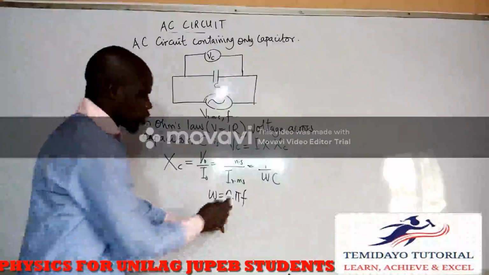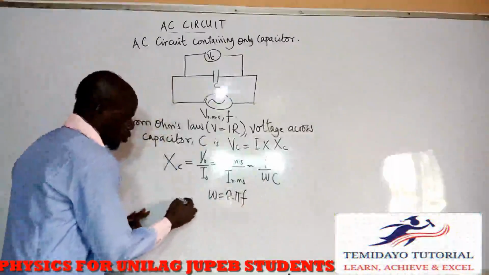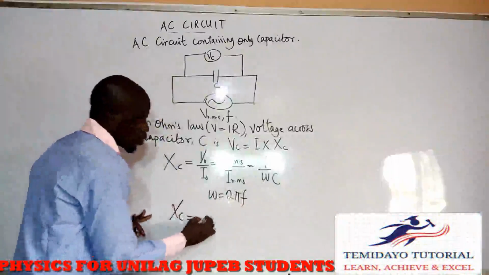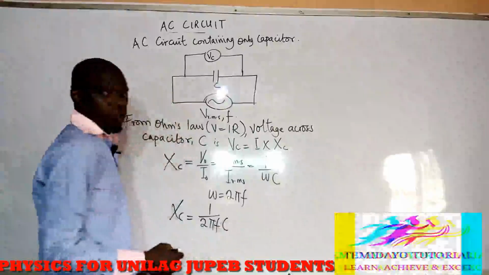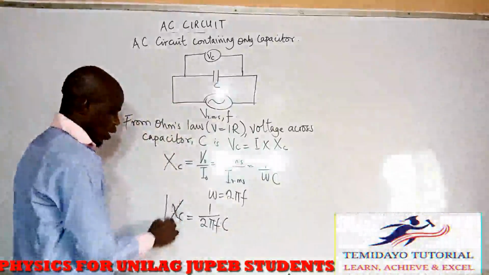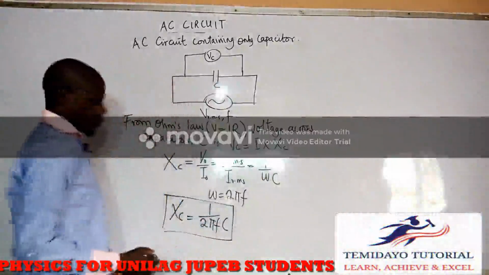So when you substitute that into the equation, you have our capacitive reactance equal to 1 over 2 pi fC. This is our capacitive reactance.